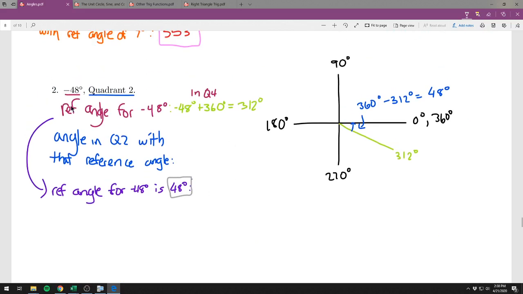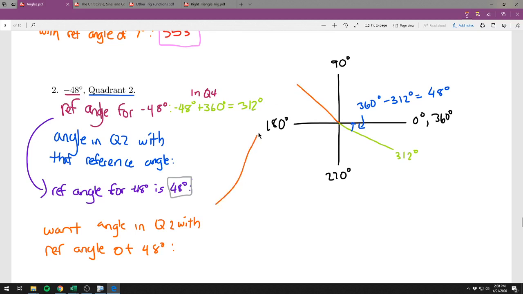Okay. So now in quadrant 2, we want the angle in quadrant 2 with a reference angle of 48 degrees. Just draw a generic angle in quadrant 2.